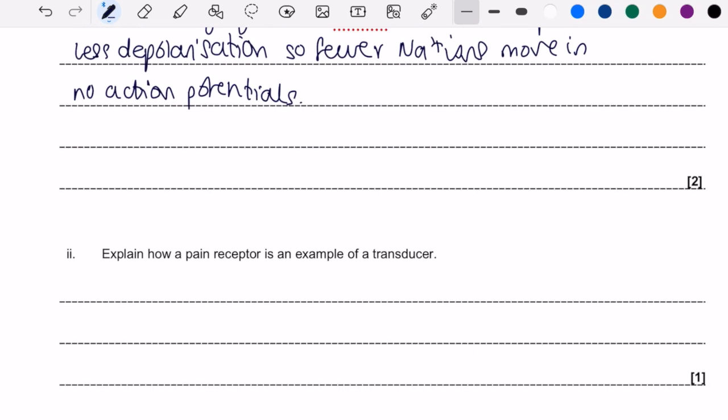Easy, 1 marker, nice. So explain how a pain receptor is an example of a transducer. Remember, whenever a transducer is mentioned in an exam question, you define it. You define the term, but rather than saying it converts one form of energy to another, you make it more specific. You say what form of energy is going to what.